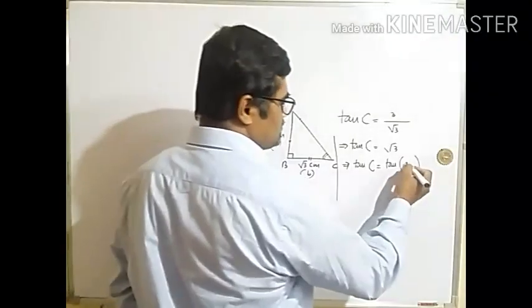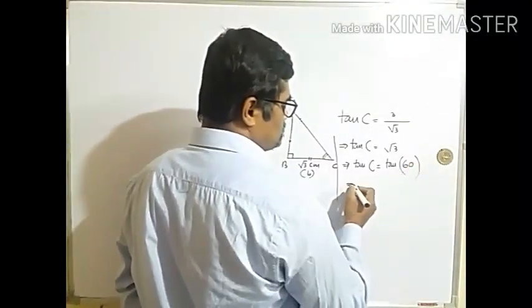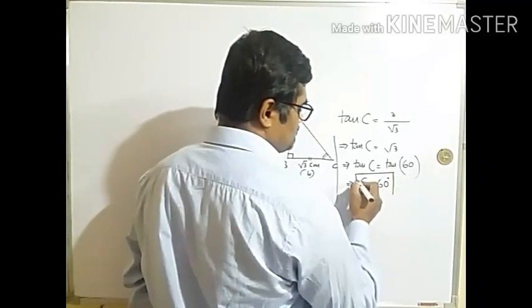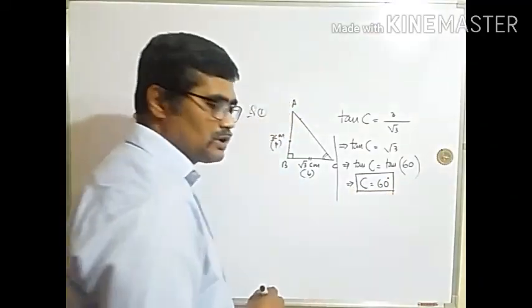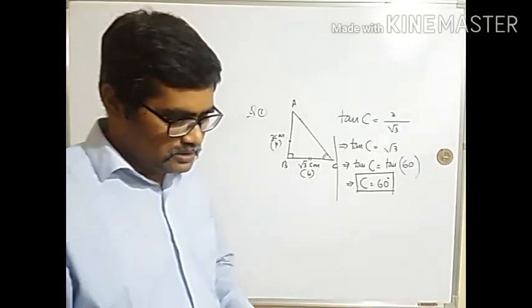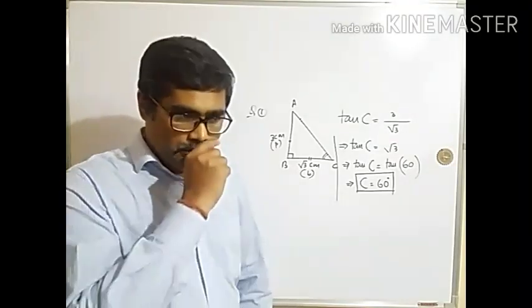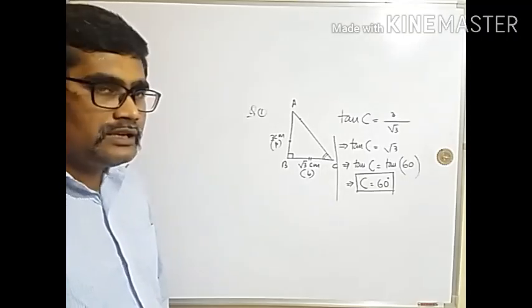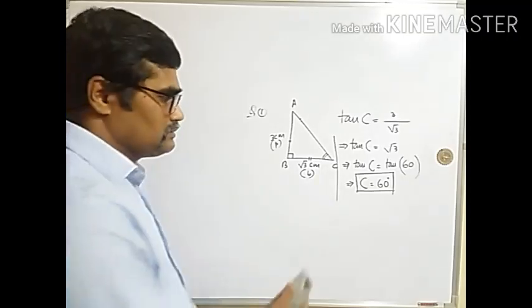It is 60 degree. So you will be getting the angle as 60 degree. This is one of the parts which you need to know. We'll be using this frequently when we apply trigonometry.